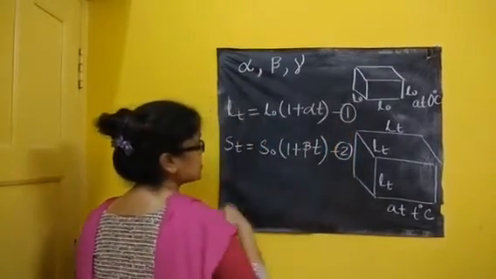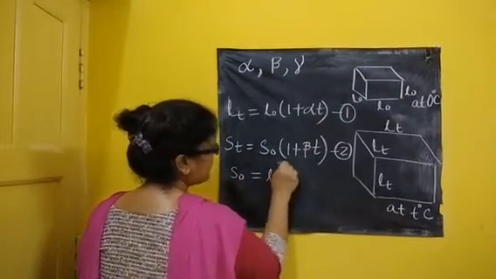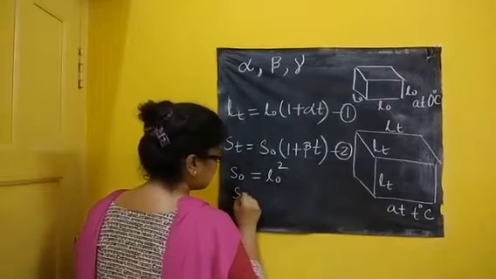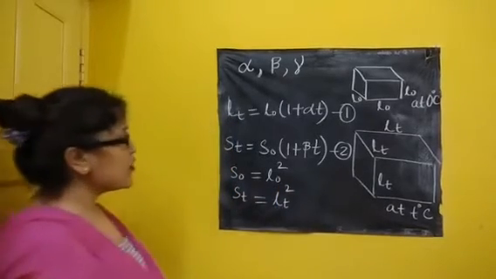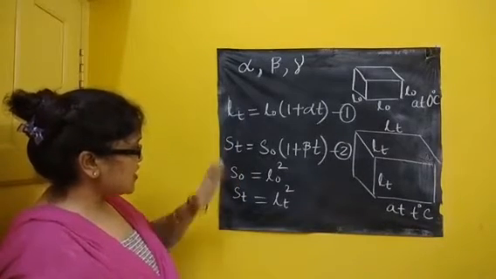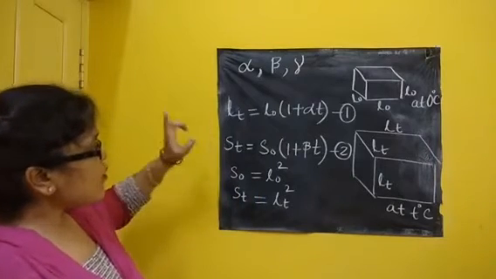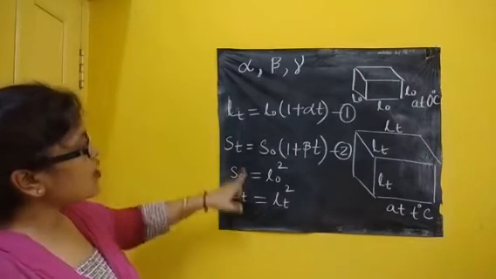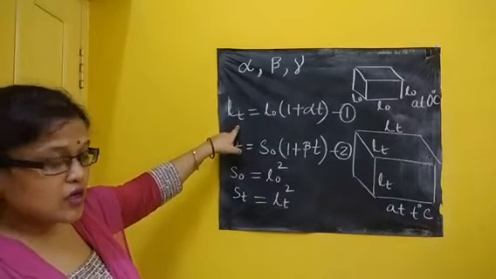In this case, S0 is L0 square and ST is LT square. Clear? Now, S0 is L0 square and ST is LT square, so if I want to calculate the value of LT square, I need to square equation 1.